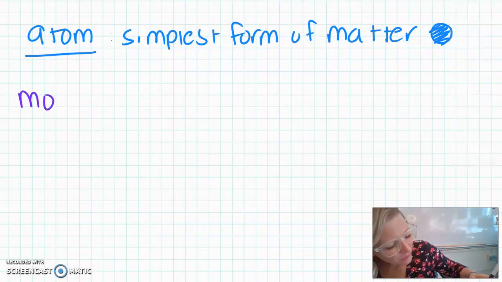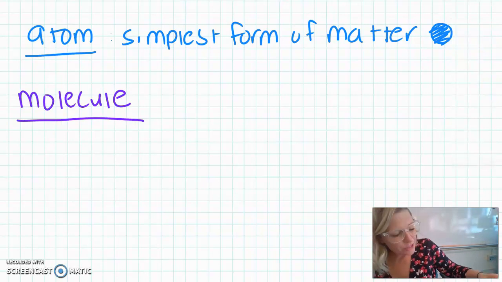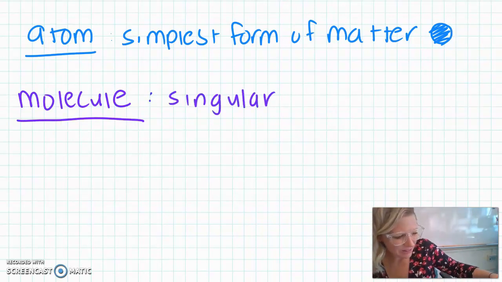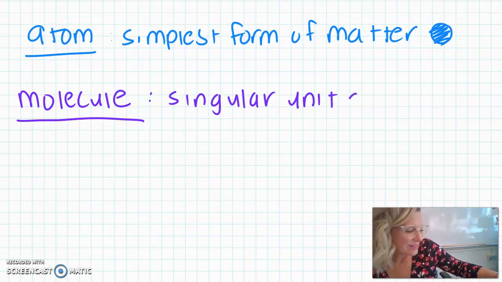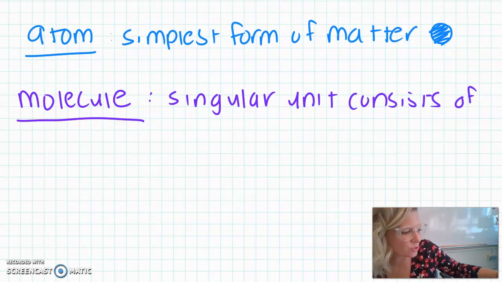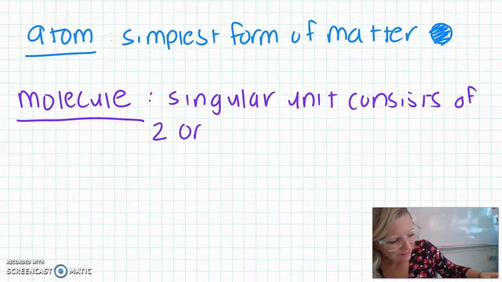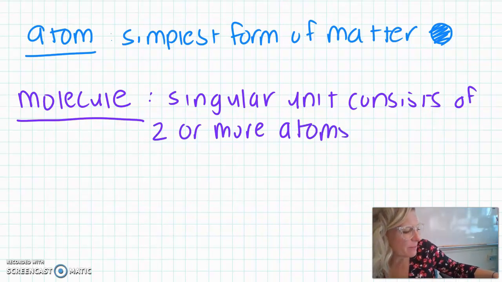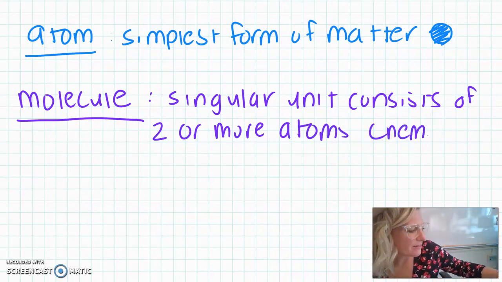Our molecules are a singular unit consisting of two or more atoms chemically combined.